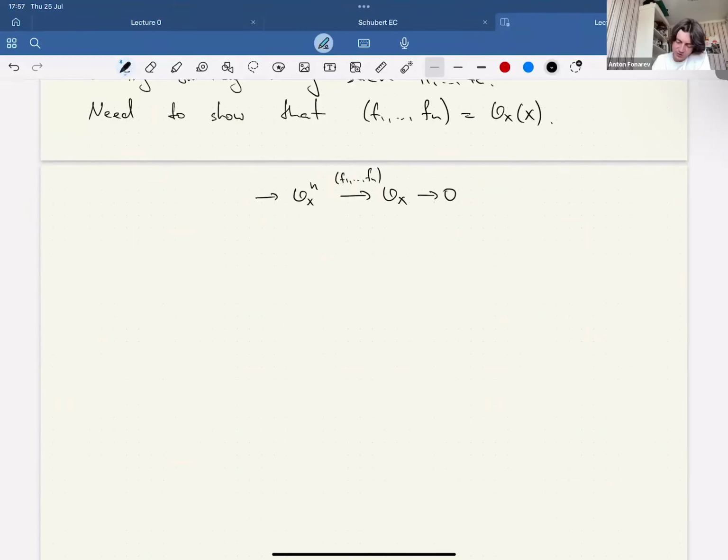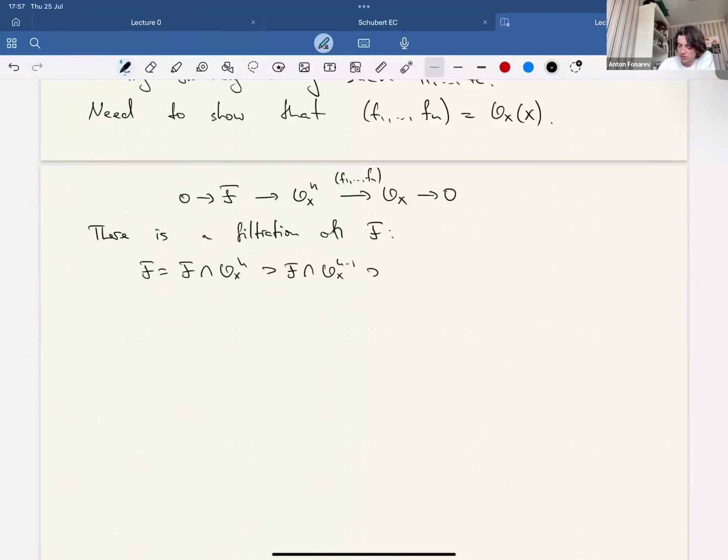And here we have in the kernel some sheaf F. But remark that there is a filtration of F. If you consider it as a subsheaf in the middle sheaf, then of course F equals F intersected with O_X^n, which contains F intersected with O_X^(n-1), etc., down to F intersected with O_X, which contains 0.